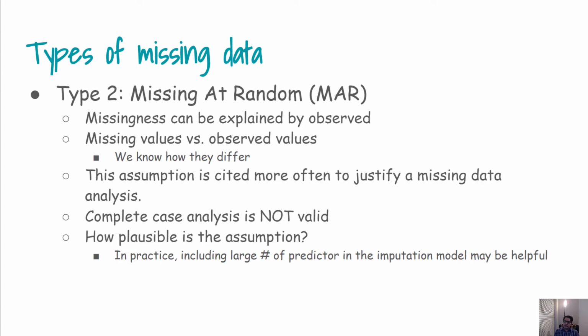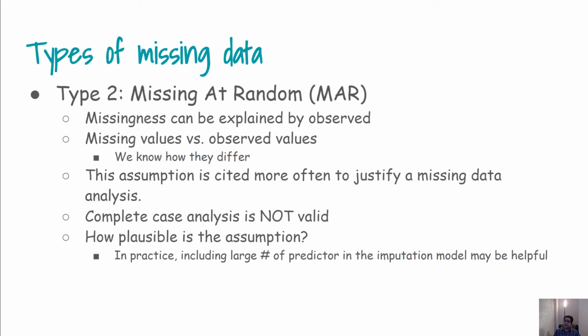And also the scenario that I just described, that even though you have a missing income problem, you do have some other variables that are predictive of income, and using that information we are talking about imputing the missing observations. And this type of situation would be known as missing at random, where we are essentially utilizing the relationship of other variables with that missing information to impute those values.